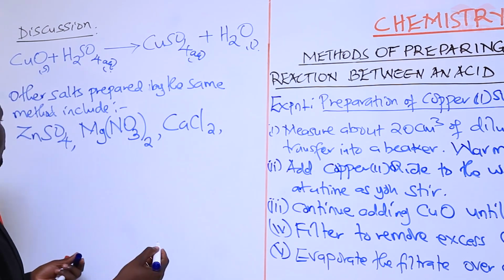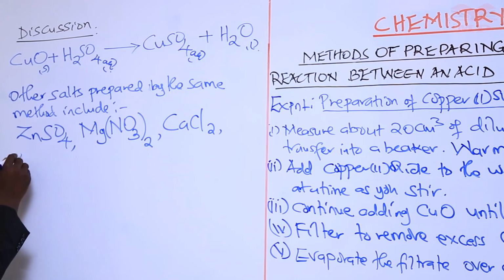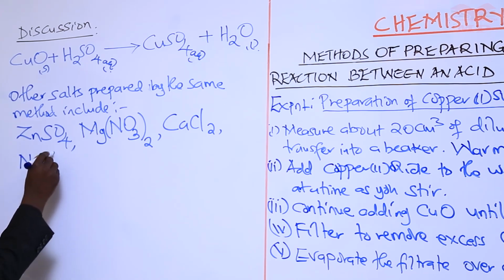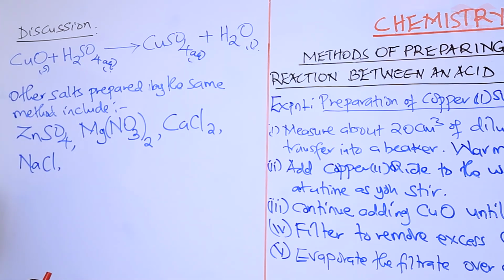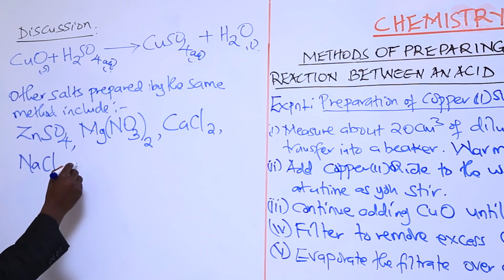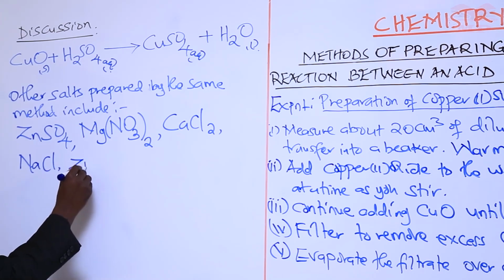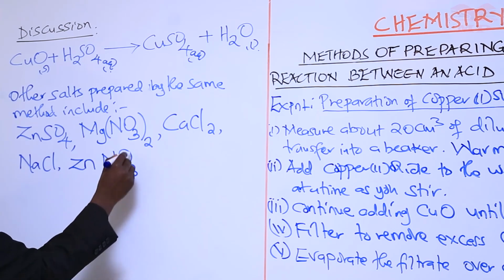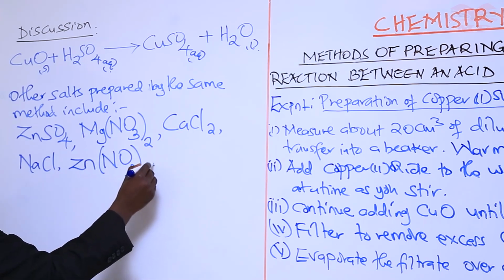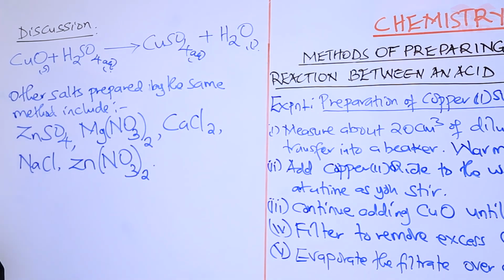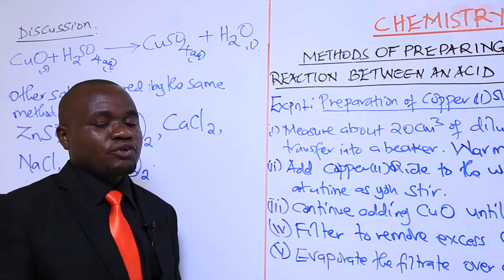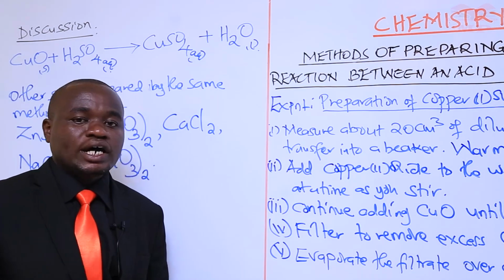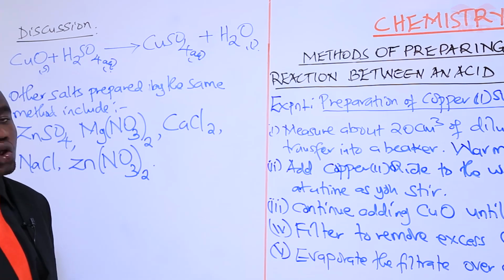We can still have more, like sodium chloride. Maybe one more, we can have zinc nitrate. So these are just some of the salts which can be produced using this method of reaction between an acid and a metal oxide.